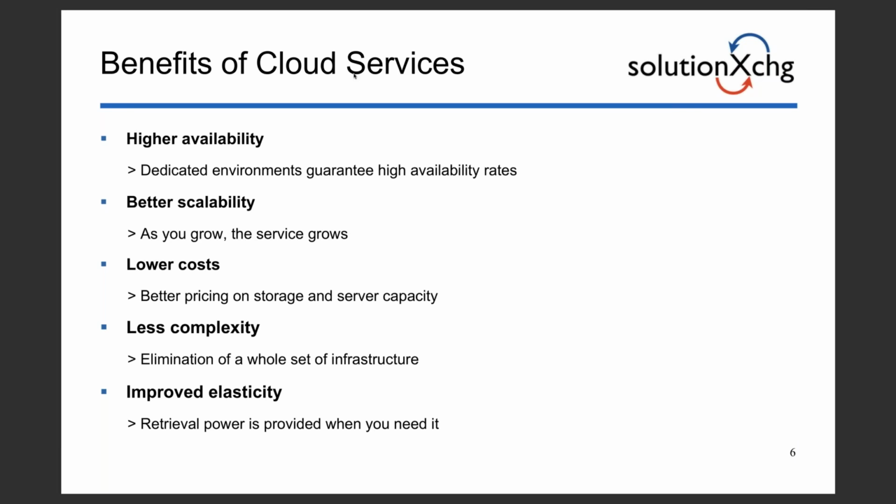Higher availability stems from a dedicated environment in the cloud with guaranteed high availability rates, breaking away from your personal computer center IT server environment where you have to have people on standby to maintain server uptime, or you even pay an outsourcing outfit to take care of your server.